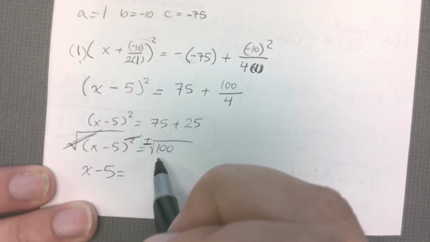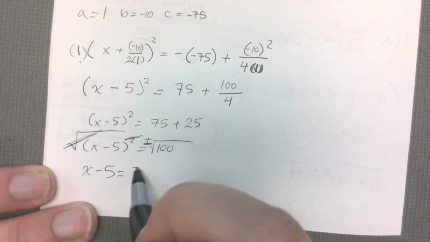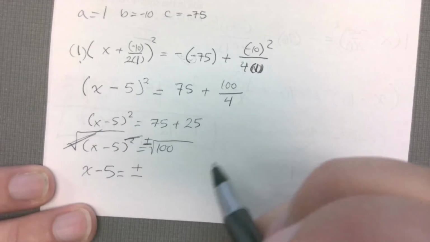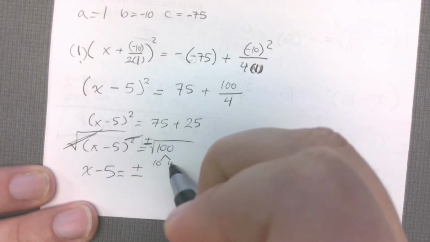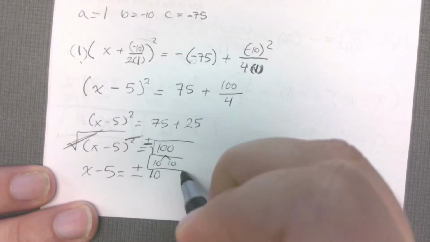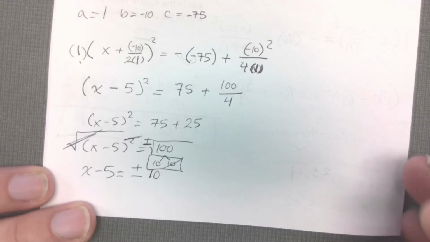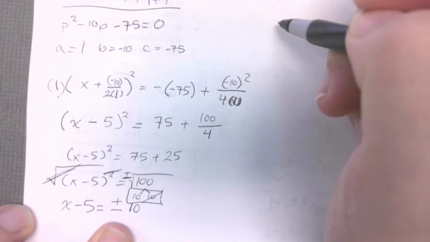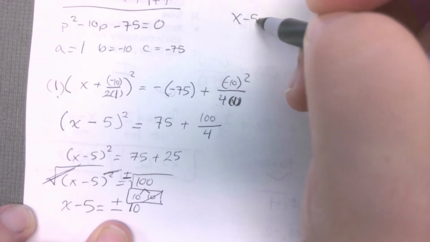What's the square root of 100? Nope, that's half of 100. 25. Nope, we want two numbers that multiply to 100. 10 and 10, they have to be the same number. So when I get to this point, in my brain, I break it into two equations.